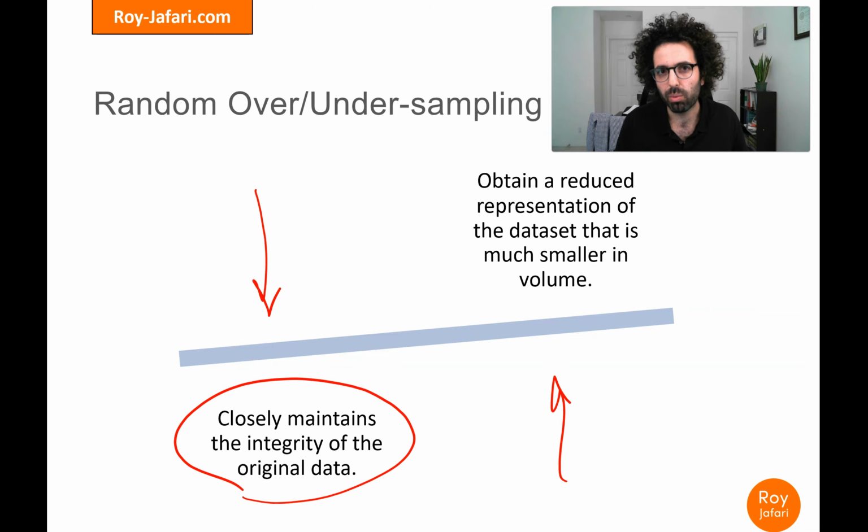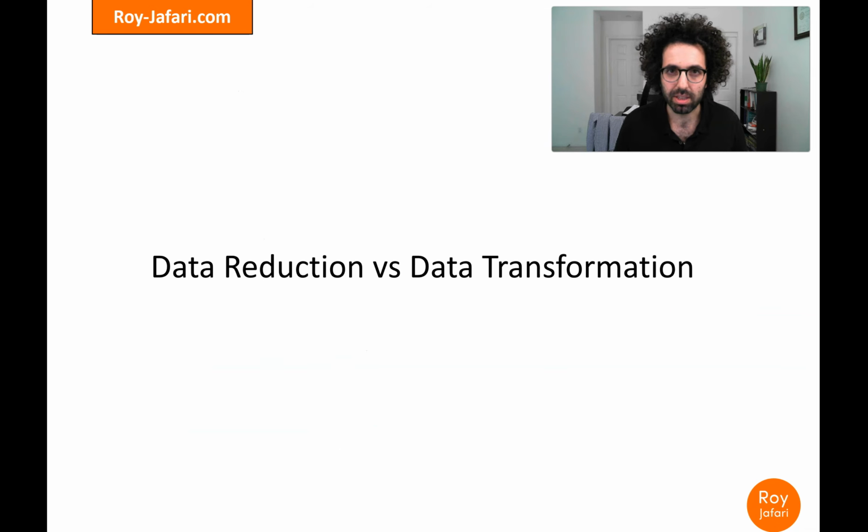In fact, what we are seeing here is that we are mixing data transformation and data reduction. Oversampling and undersampling, in their essence, are data transformation tools. We might end up repeating some data objects because they are so infrequent that our algorithms need to see them.